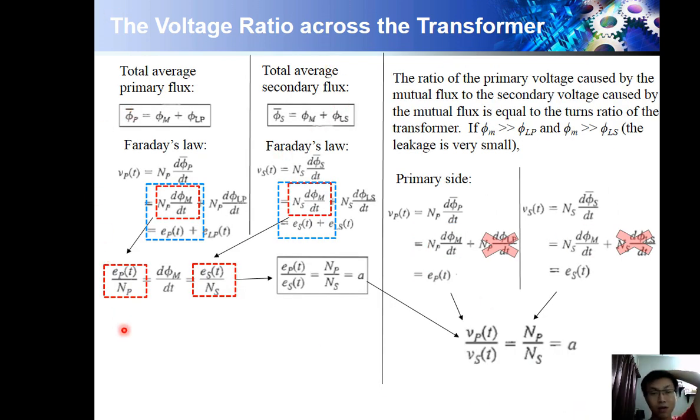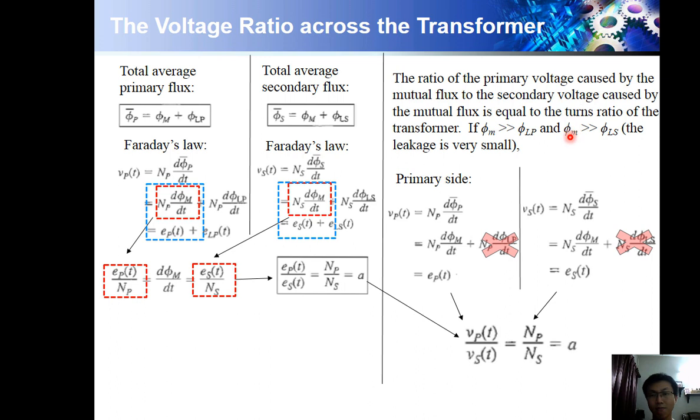Just now we talked about this one, right? How we get EPT divided by EST equals NP divided by NS, which is equal to the turns ratio. And now, if my mutual flux is much bigger than the primary leakage flux, this can be omitted, can be deleted. This one also can be deleted.